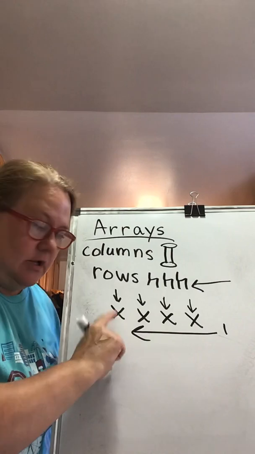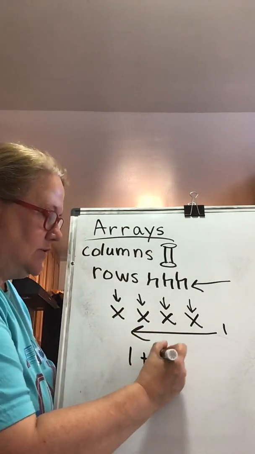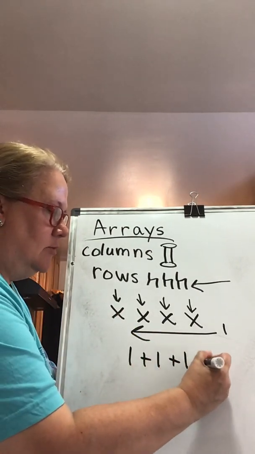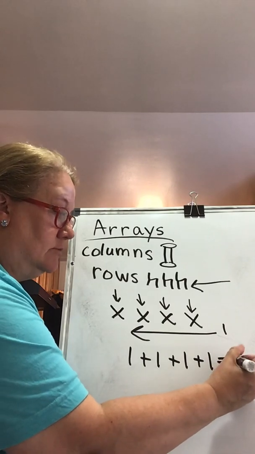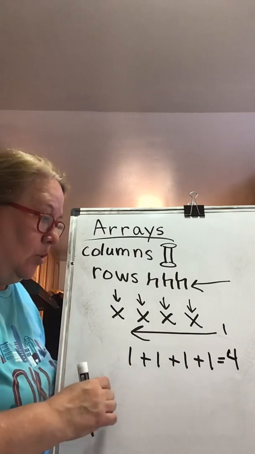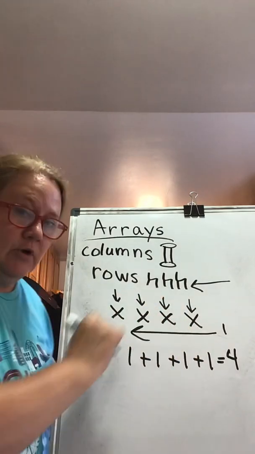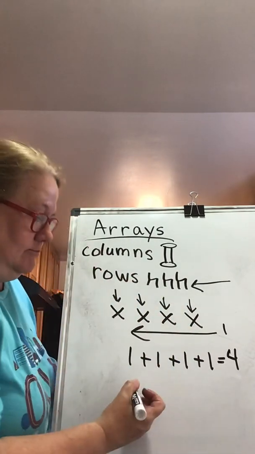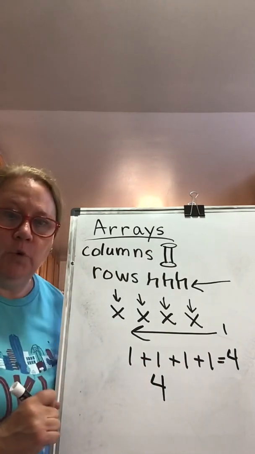Okay, so let's do our repeated addition. How many are in each column? 1 plus 1 plus 1 plus 1 equals 4. Or I could count all 4 one time. 4.